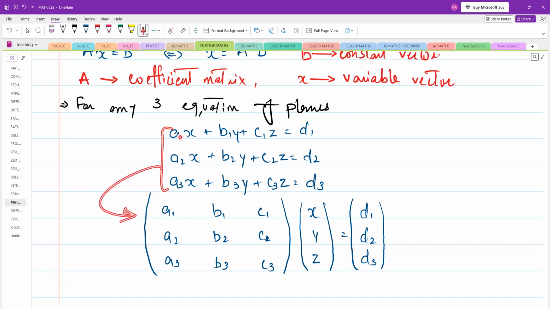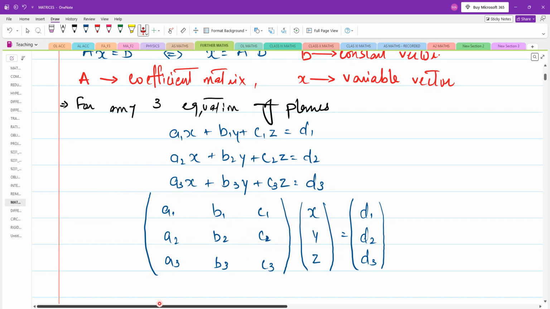The way to write this in a matrix form would be this. We're just going to take the constants over here and put them in order: a1, b1, c1. This column represents the constants of the x variables, this column represents the constants for the y variables, and this column represents the constants for the z variables.